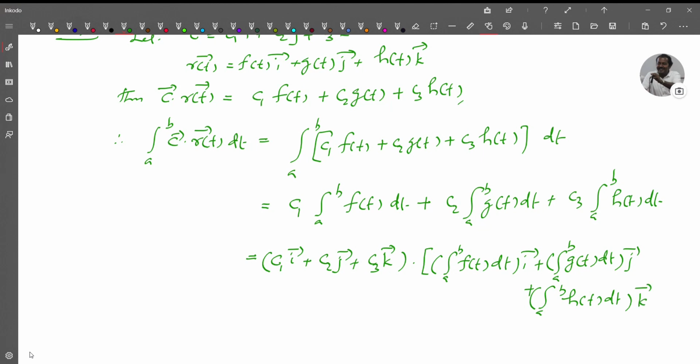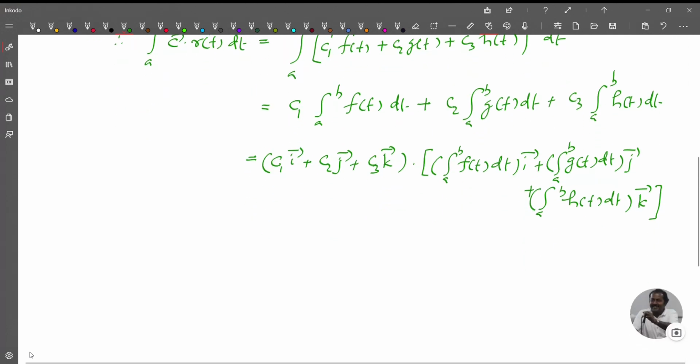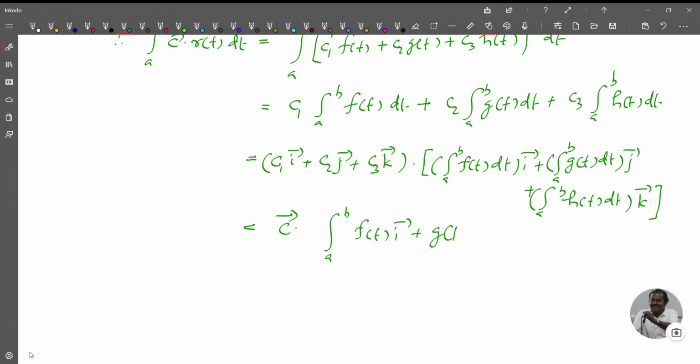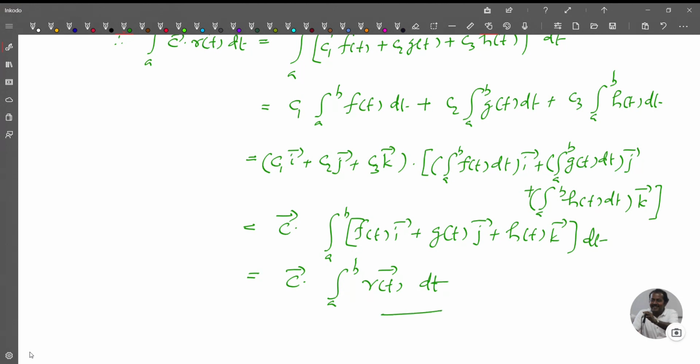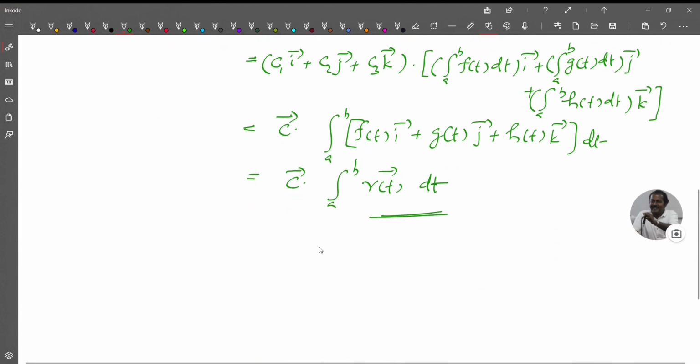So that is equal to vector C dot the integral from a to b of f of t i plus g of t j plus h of t k dt. So that is equal to C dot the integral from a to b of r of t dt. C is a constant vector.